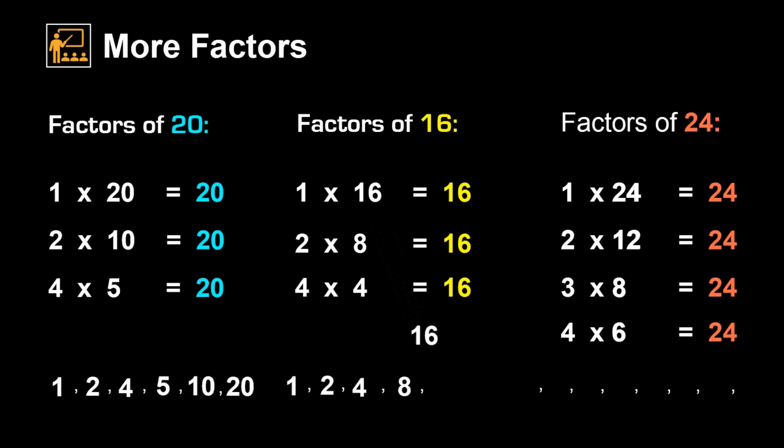You see, I get all these factors from the numbers that I multiplied with each other. For example, 1 multiplied by 24, that 1 is a factor of 24, as well as 2 times 12, 3 times 8, that 3 is a factor, and 4 multiplied by 6, that 4 is a factor, as well as 6, 8, 12, and 24. So those are the factors of 20, 16, and 24.